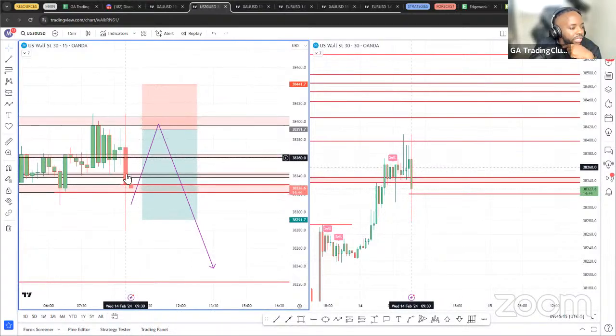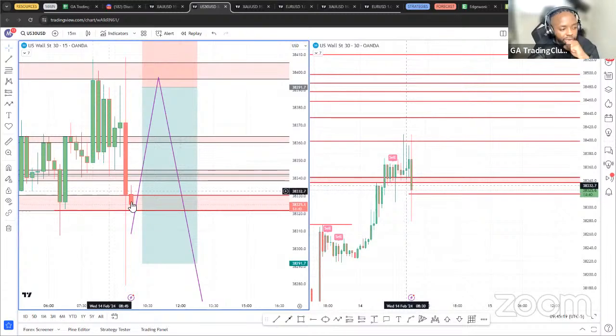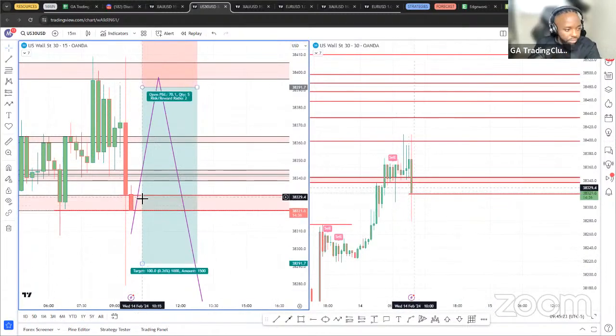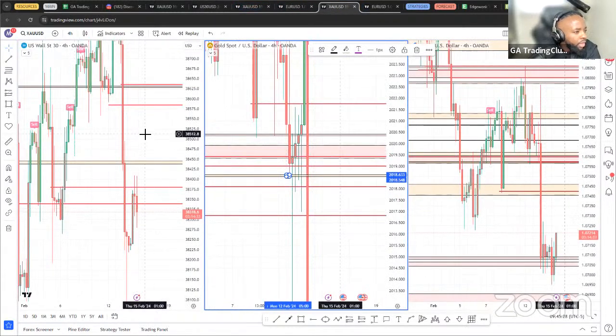Okay, so this closed below these three regions. So we still need to wait for this 15-minute candle to close in order to see what setup we'll get for US 30.